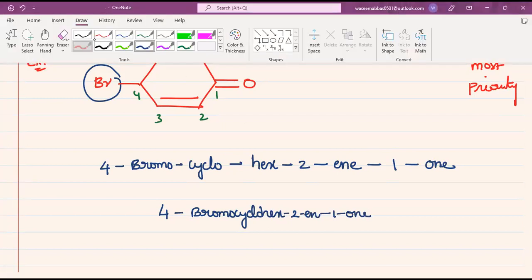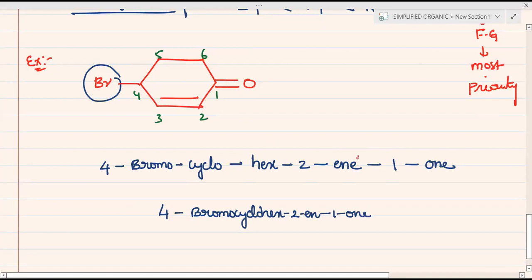As I will be discussing in the upcoming videos, you need to drop this E. There is a rule regarding this that I am going to discuss in my coming videos. So this is one of the best examples in which you will find all the parts of the IUPAC.